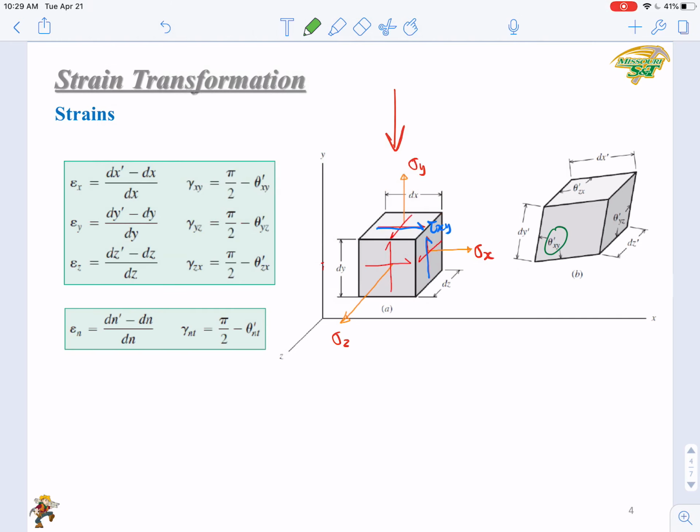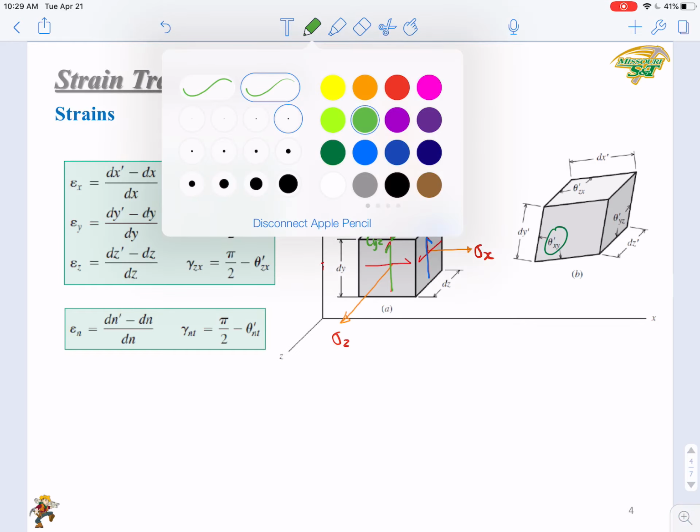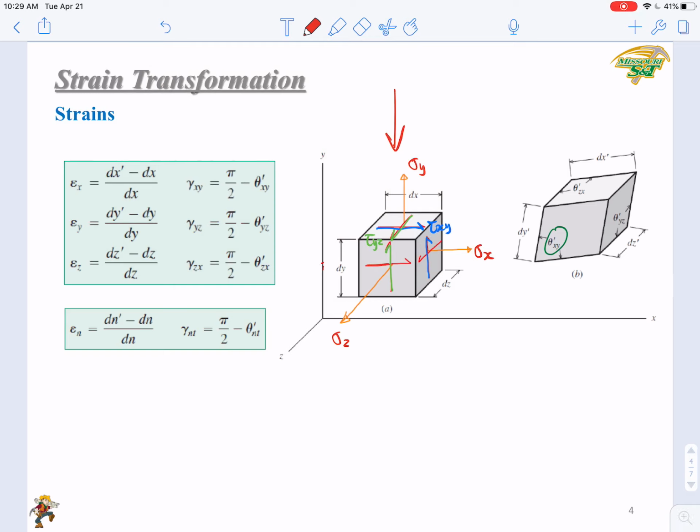this is tau yz here, and your tau xz here. Okay, you have these stress components.